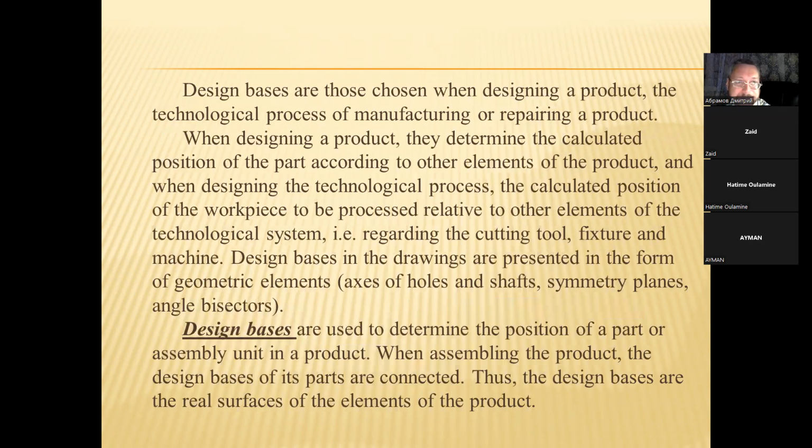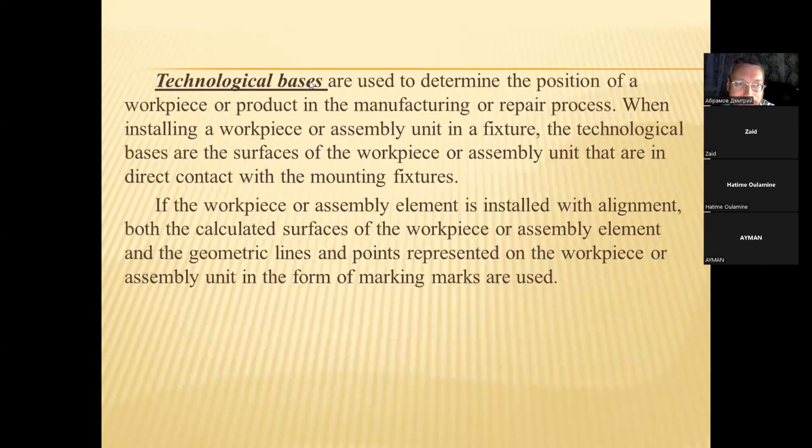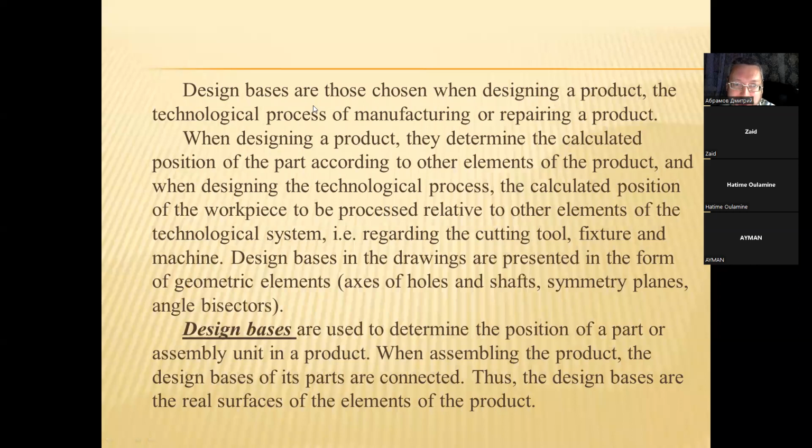And next slide. Design bases are those chosen when designing a product.